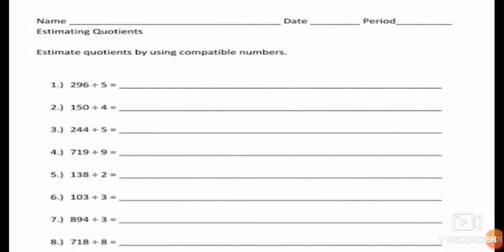Similarly, we'll see the second question, which is 150 divided by 4. Here in 150, its greatest place is 100, so you are going to round it off to 100. On the tens place you have the digit 5.